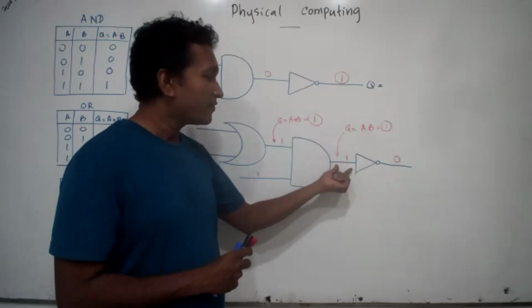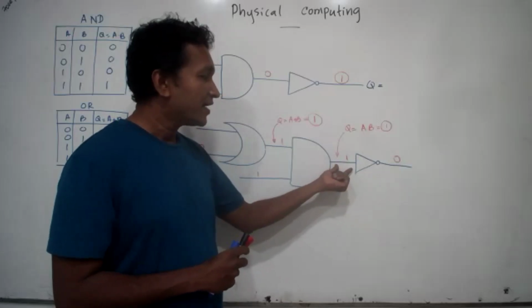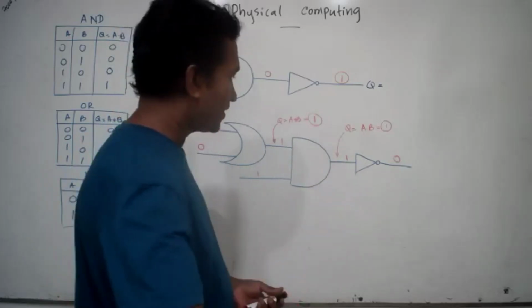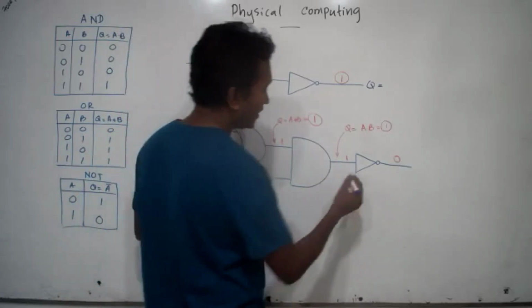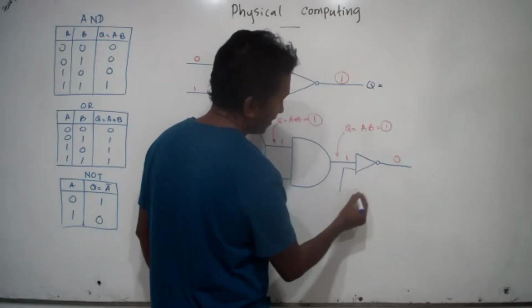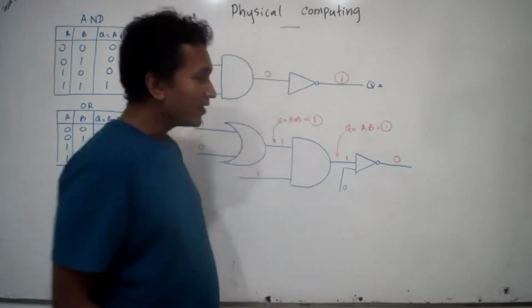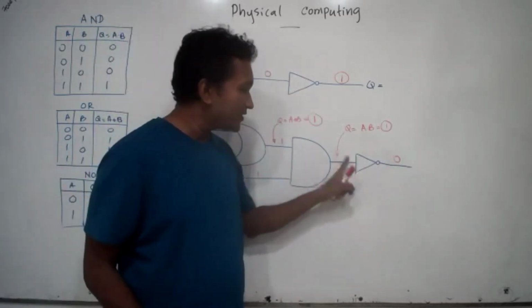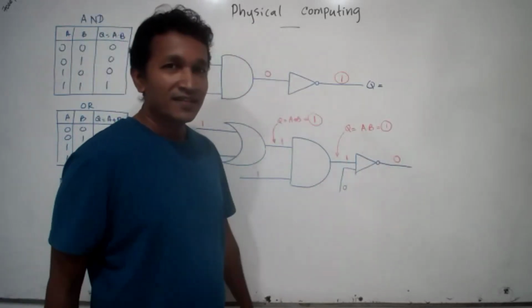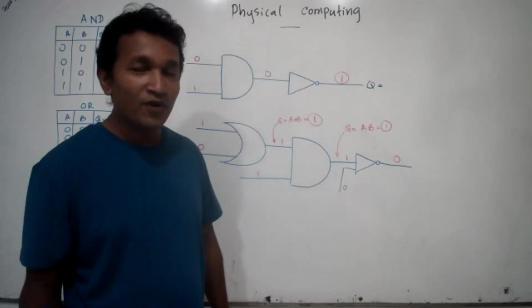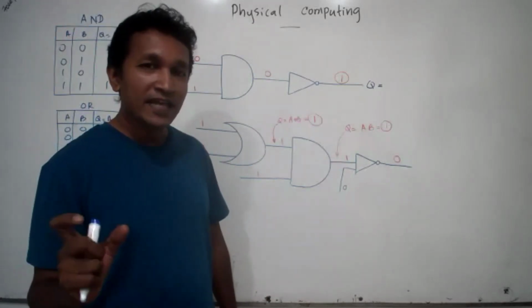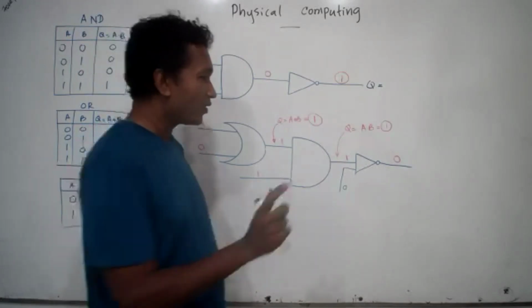So if we give another input here, let's say 0, can you get the opposite of this? No, can't. Therefore, in a NOT gate, there will be only one input.